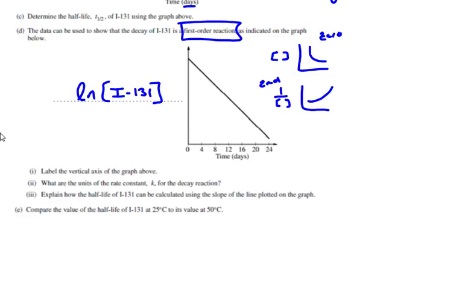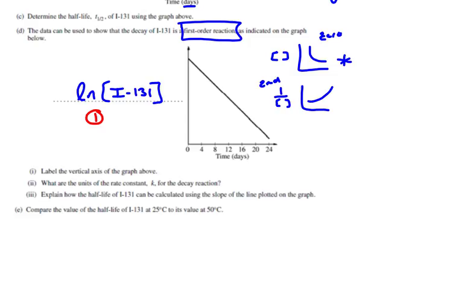And this is the one I'd have to give. It was second. Now, if they said it was second order and they had this, the top one, that's a really unfair question because it could be first or zero. You know what I'm saying? Like if they said this is second order and then they give you this graph, what? So they would always say zero or first order and then they'd give you one or the other. I know I'm going above and beyond, but it was a good opportunity to talk about.